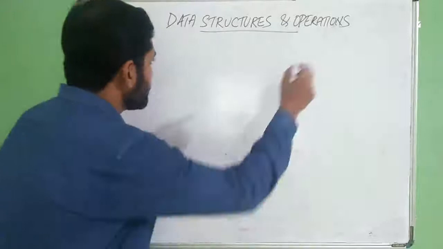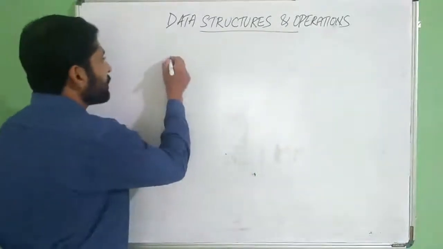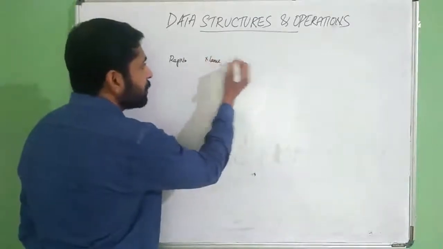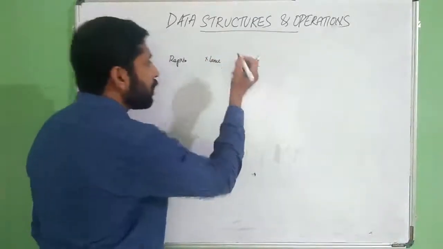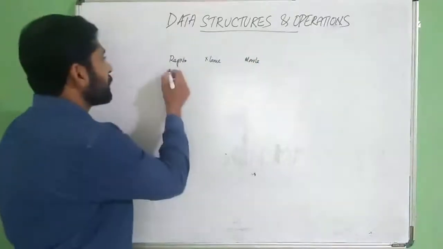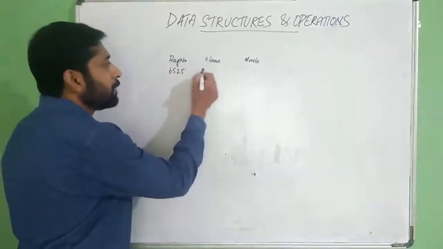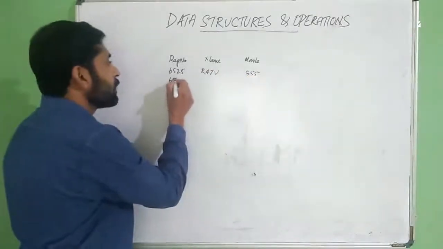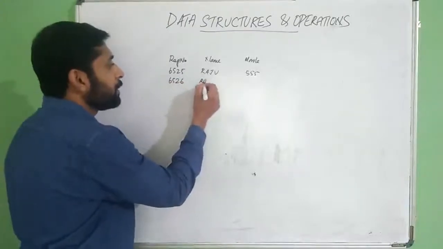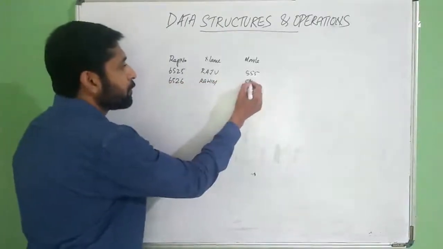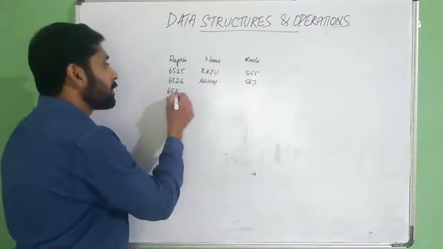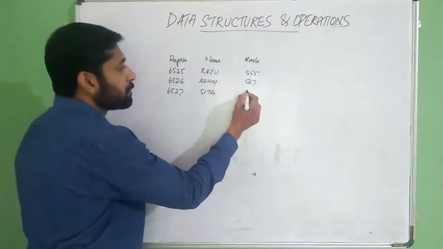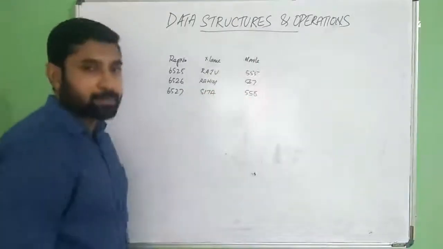For example, suppose we have a list, say register number, name and mark of students. So here 6525, name Raju, mark 555, 6526, Rahim, 567, 6527, Sita, 558, and so on.